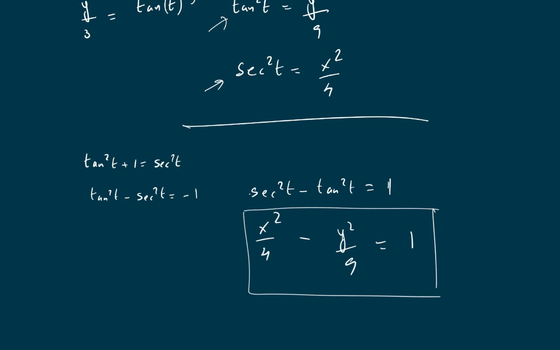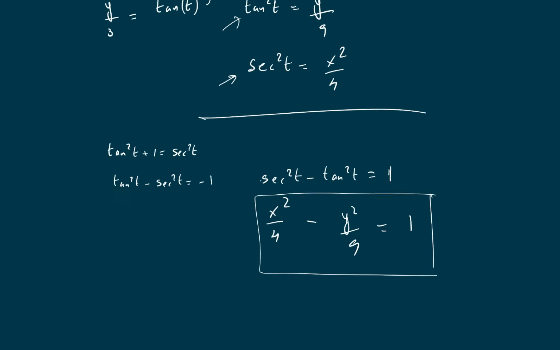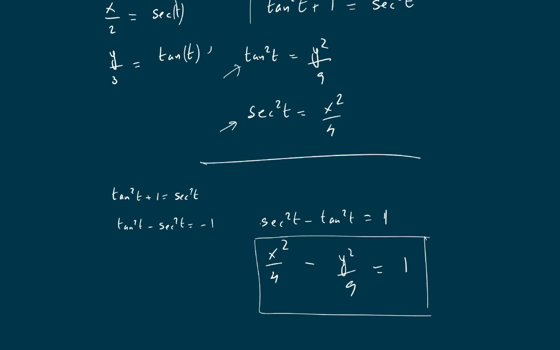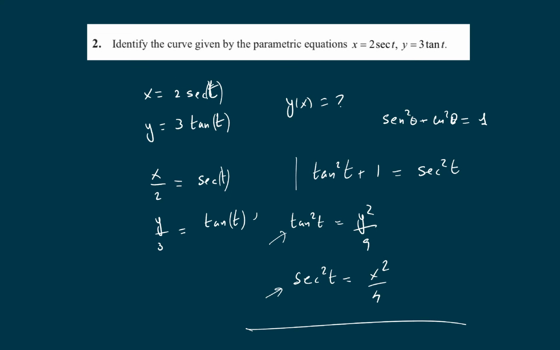So you can draw the points of the hyperbola by giving values of time t to this equation. If you use t equals 0, x would be 2 times secant 0. Secant 0 is 1 divided by cosine of 0. Cosine of 0 is 1, so x would be 2.